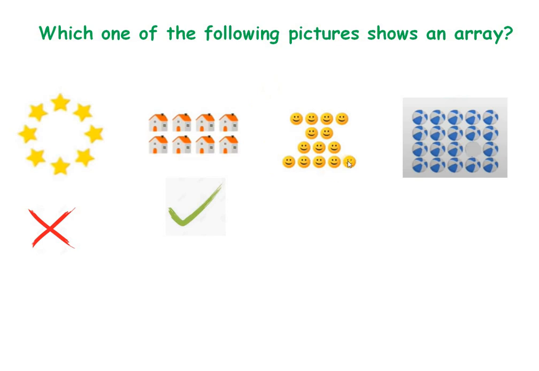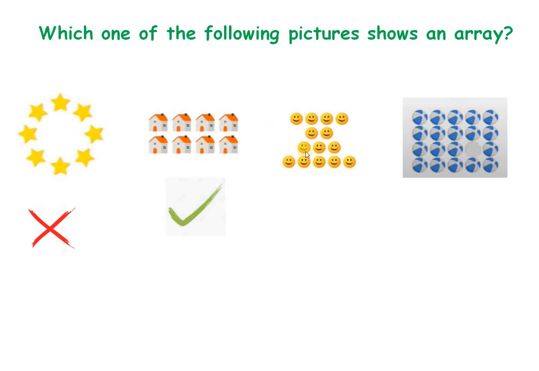Let's have a look at the third one, the smiley faces picture. There is 1, 2, 3, 4 smiley faces in the first row. Look at the second row. There is just 1, 2 smiley faces in the second row.